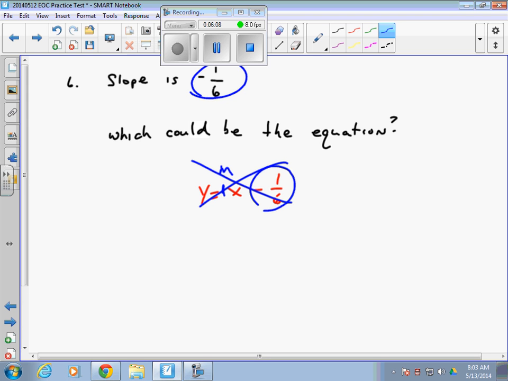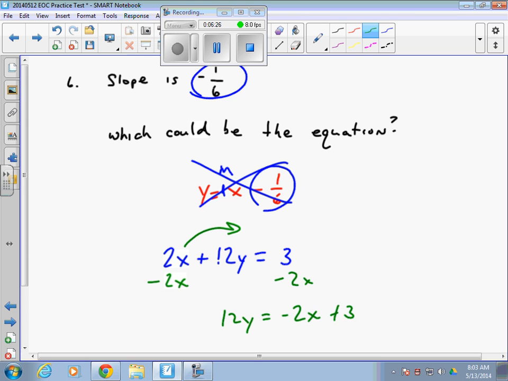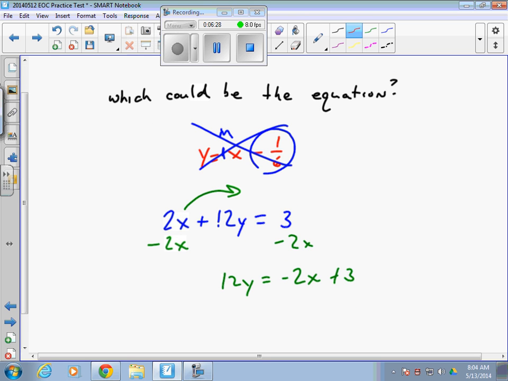The only one when you move it that gives you a slope value of -1/6 is the last one that's listed: 2x plus 12y equals 3. Make it say y equals mx plus b, so move the mx over. Subtract 2x. You have 12y equals -2x plus 3, and then divide by 12.